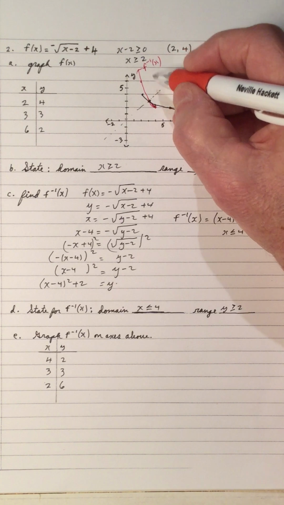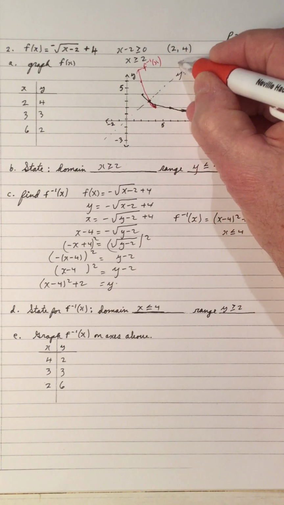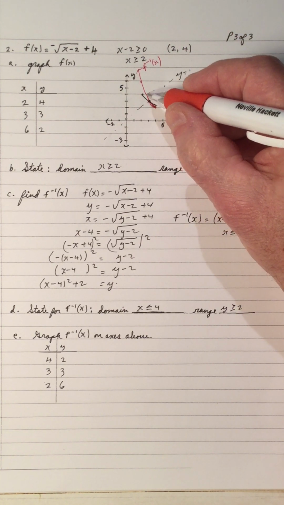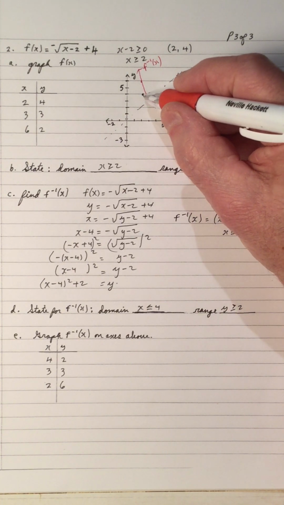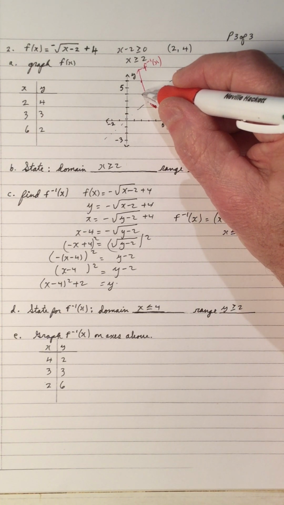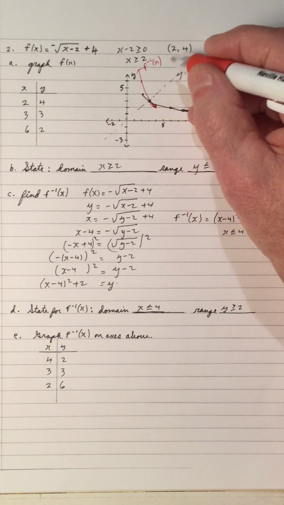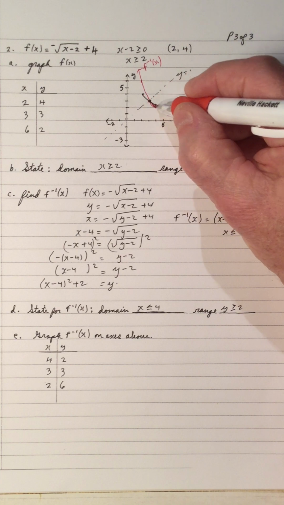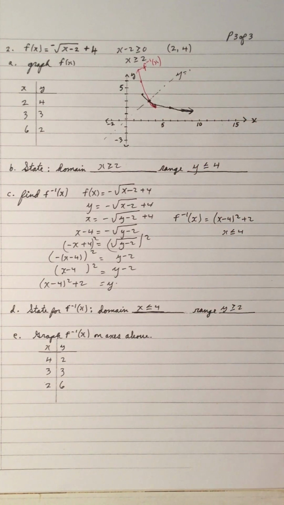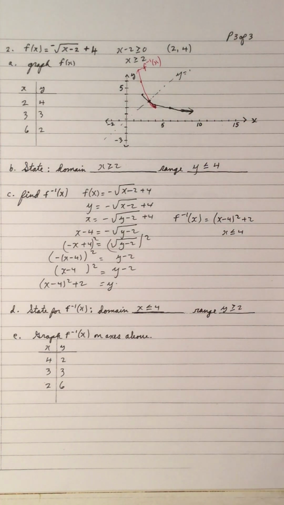So the other part would have been here. Now we're dealing with the left side, and the inverse is starting at the point 2, 4 and it's going down. Just wanted to show you that.